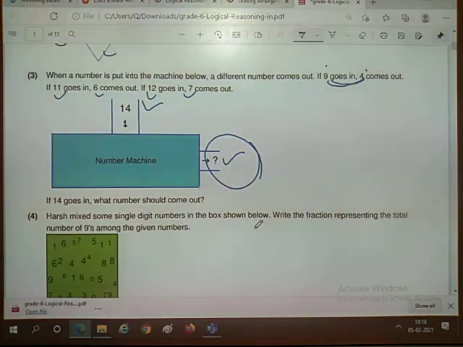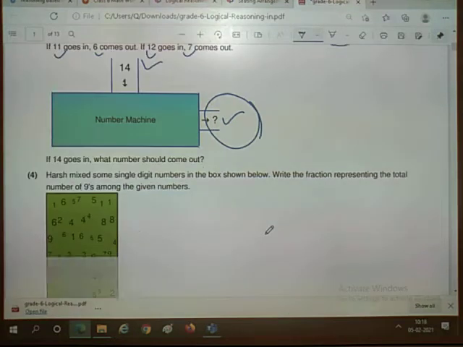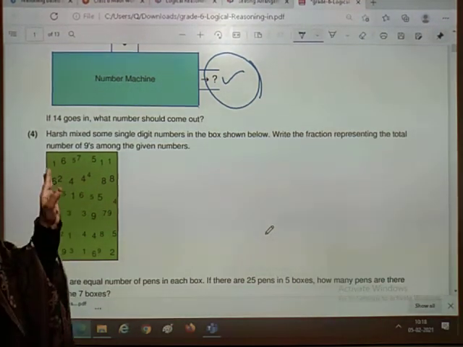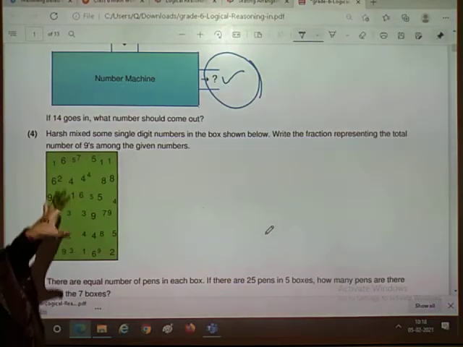Okay, next one. Harsh makes some single digit numbers in the box shown below and writes the fraction representing the total number of nines among the given numbers. So Harsh is a boy and he makes some single digits in the box shown below. So he has mixed different digits in this box.